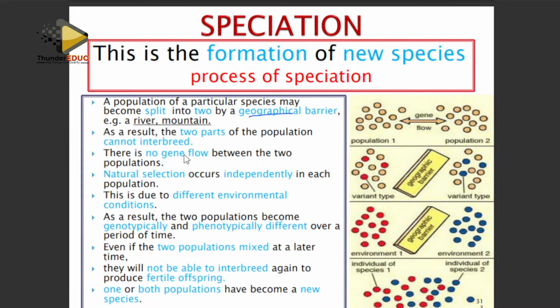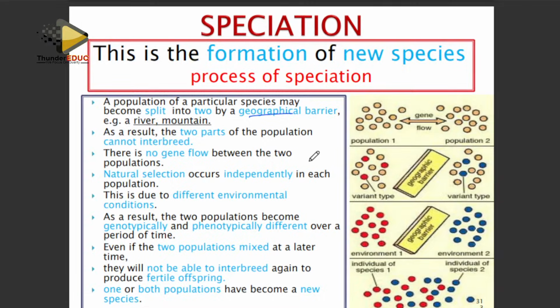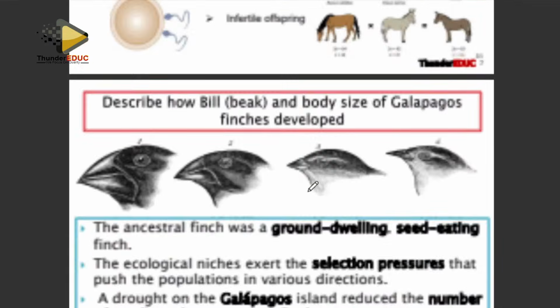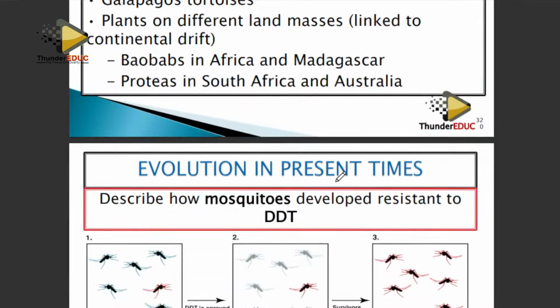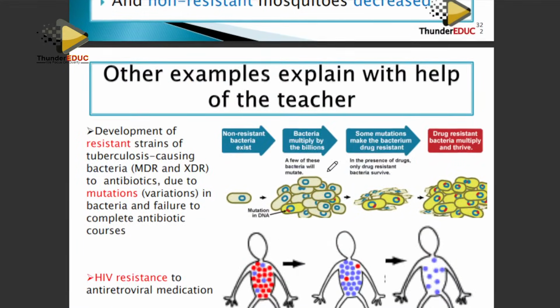All right, we continue to the next question. What are they saying? Describe how bacteria became resistant to antibiotics. It can be bacteria, it can be mosquitoes, it can be HIV.